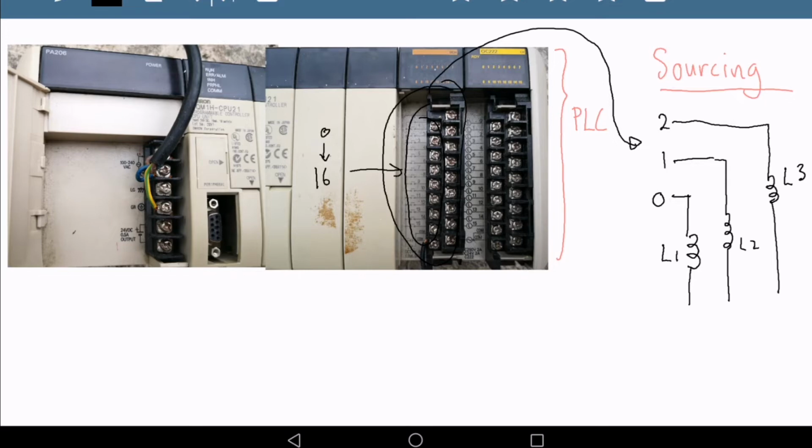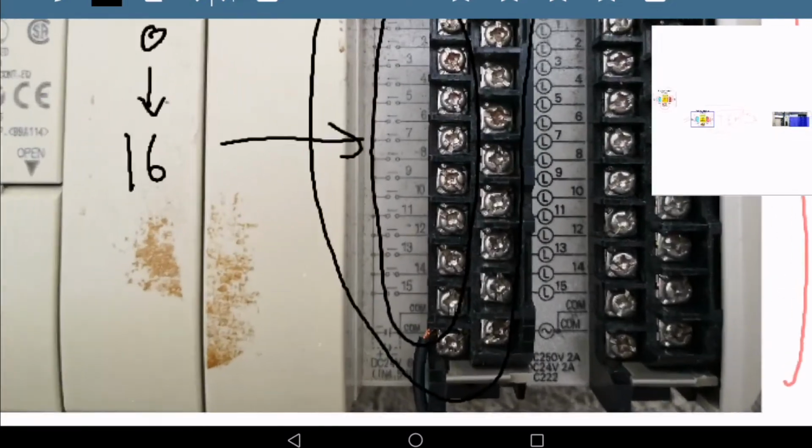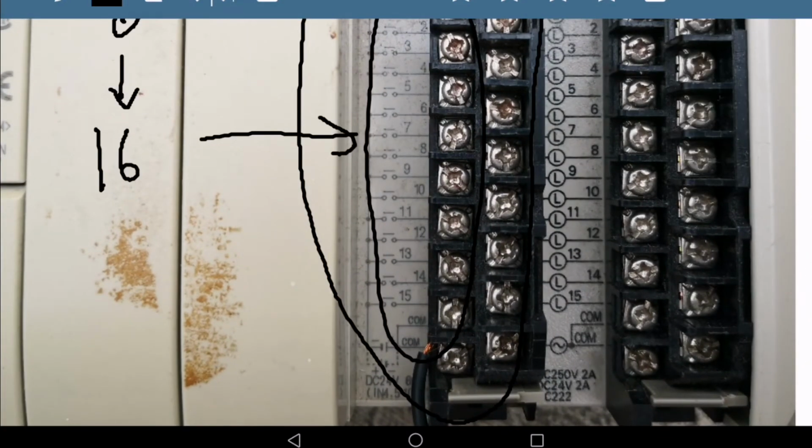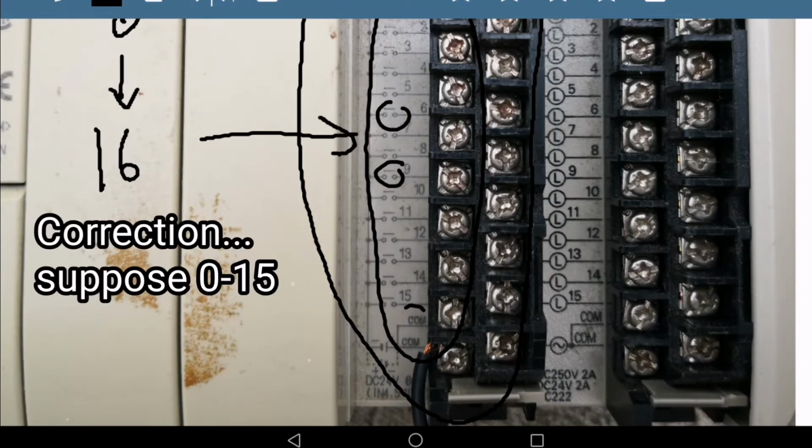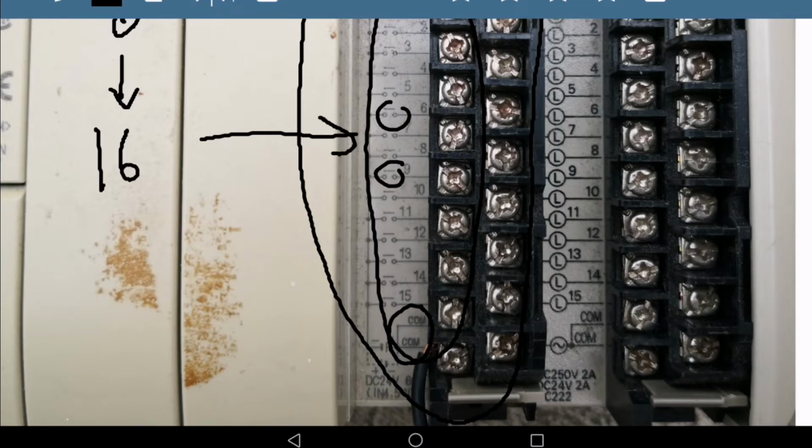If you look at this properly, you see here it looks like a switch, a push-to-on switch. And then you can see this common terminal. What is that common terminal all about? And you can see down here the sign 24 volt.